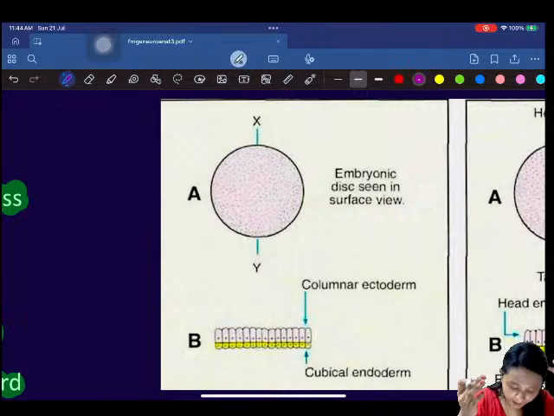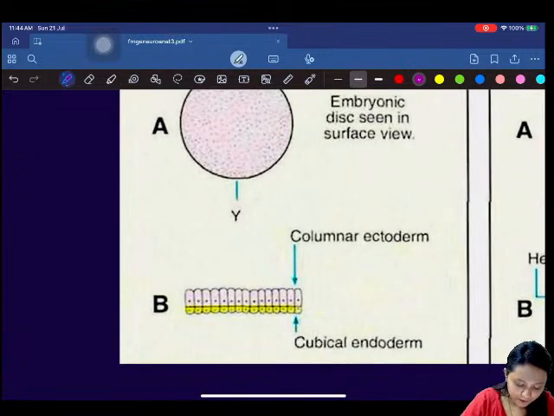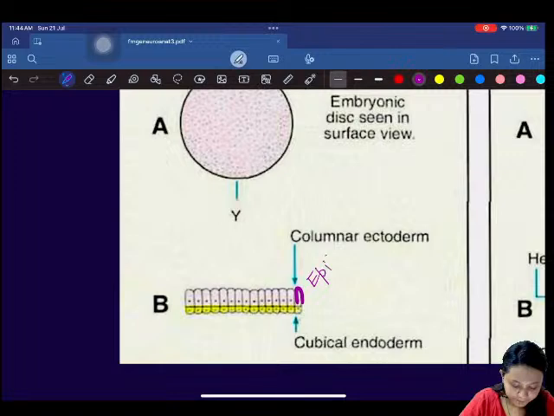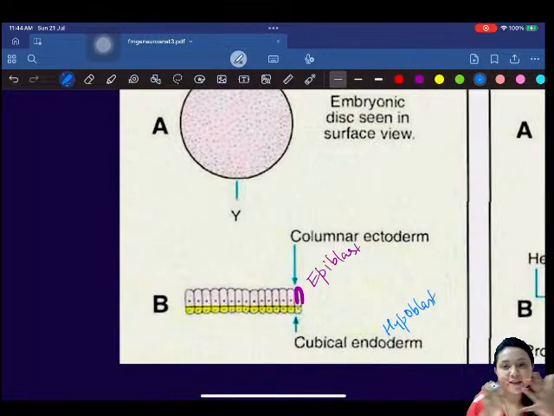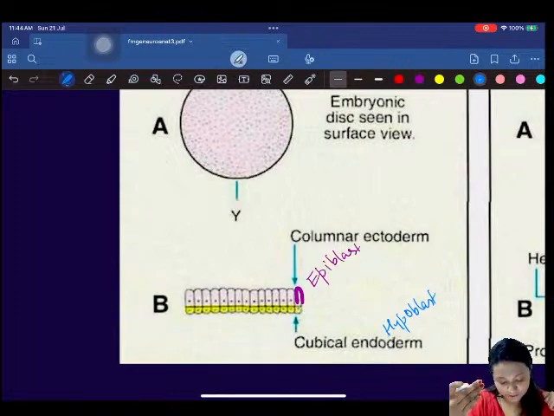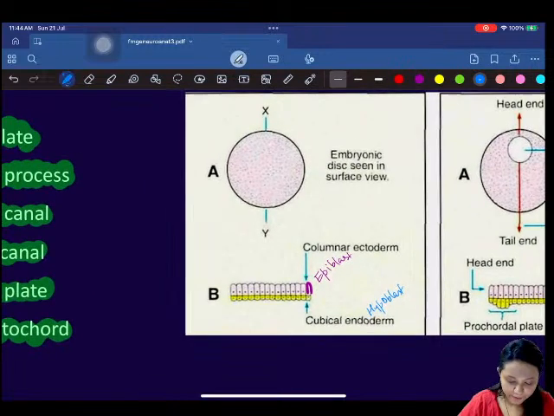Okay, now in the embryonic disc you can see, first of all, the columnar cells. This is the epiblast, and then you have the cuboidal cells below, that is the hypoblast. So seeing the embryonic disc from above, you can see the columnar ectoderm and the cuboidal endoderm, or the hypoblast.